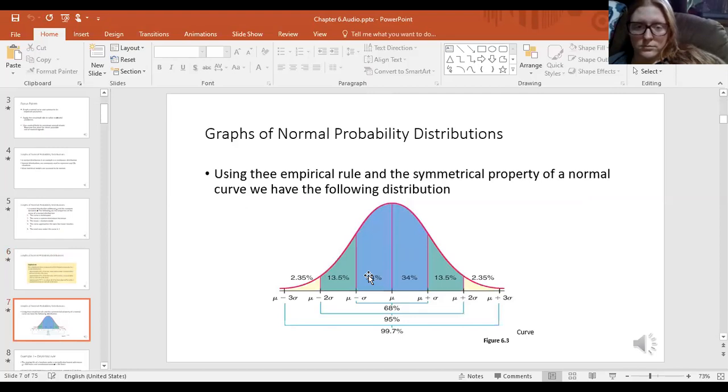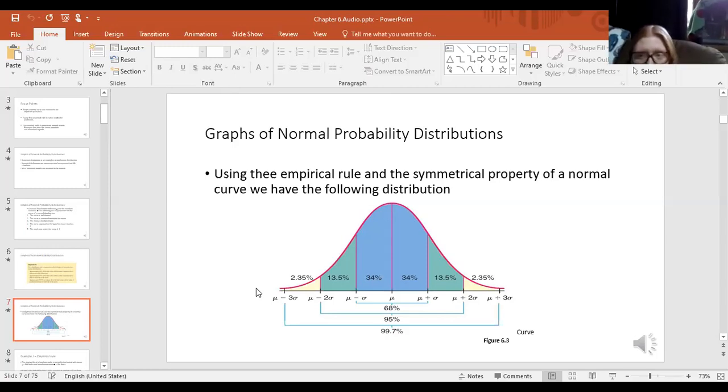So between the first standard deviation, you have 34% to the left, 34% to the right. And between the first and the second, you have 13.5. Between the second and the third, you have 2.35, and you have 0.15% in the tail, everything which is below the third standard deviation.